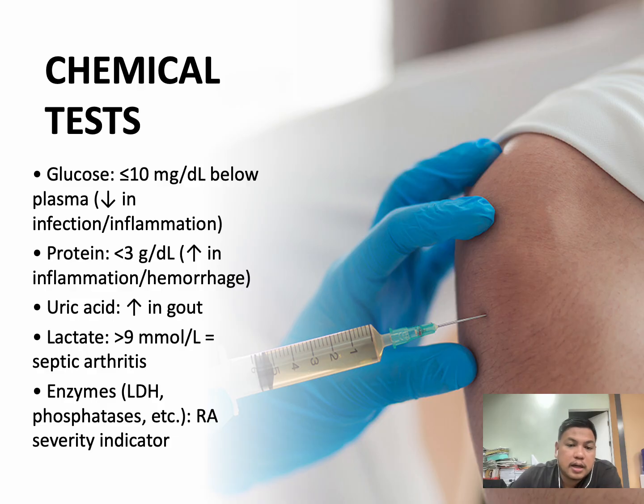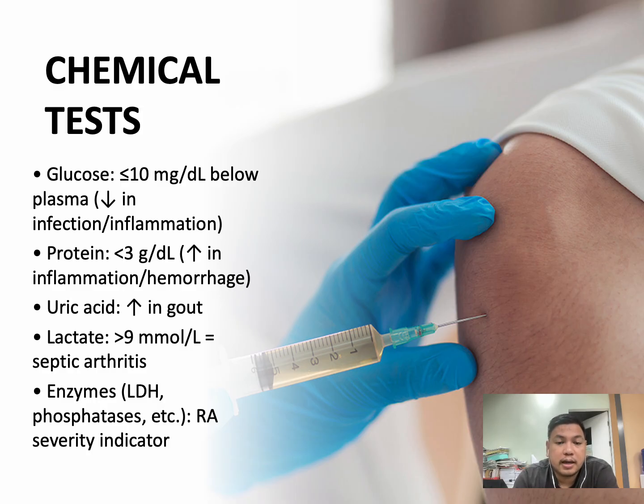Now we are on the chemical tests performed with our synovial fluid. Normally the glucose level of synovial fluid is less than or equal to 10 milligrams per deciliter below plasma, and it is lower in infection or in patients with inflammation.